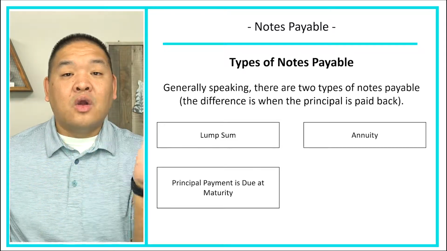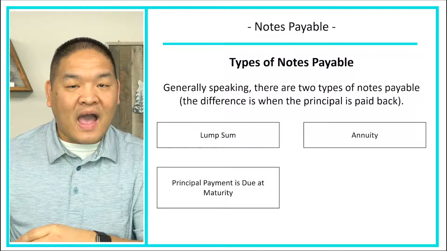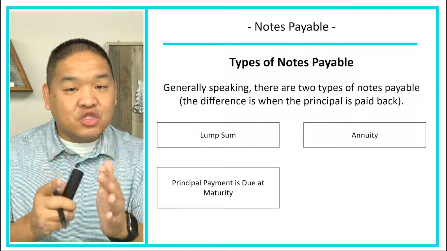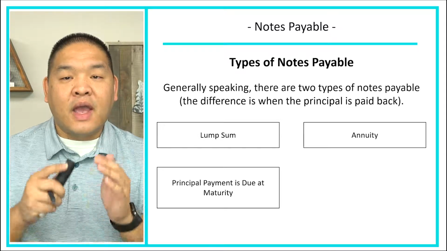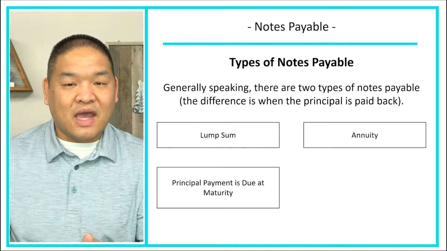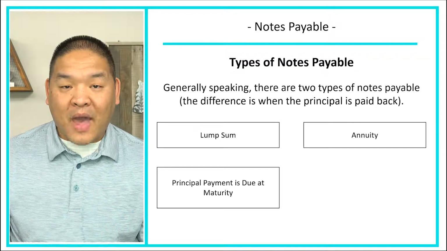Every year, we just get to keep that $1 million, and then in year 5, we'll have to pay that lump sum back. Interest does still accrue, and interest is often paid every 6 months in these contracts, but we're not paying the principal back.